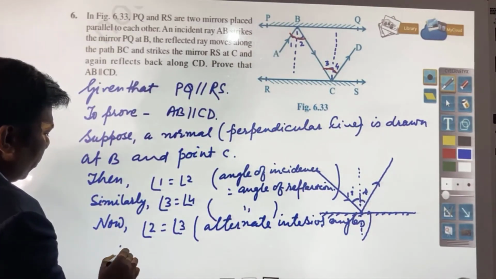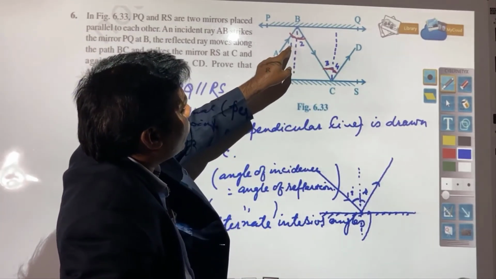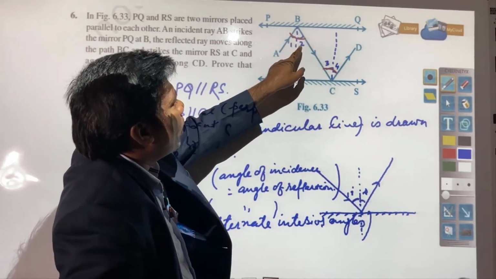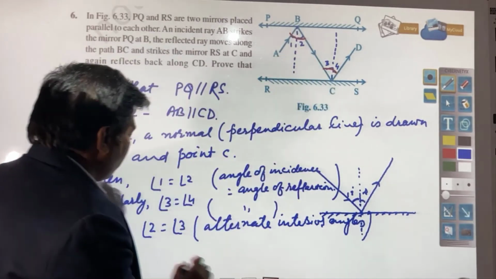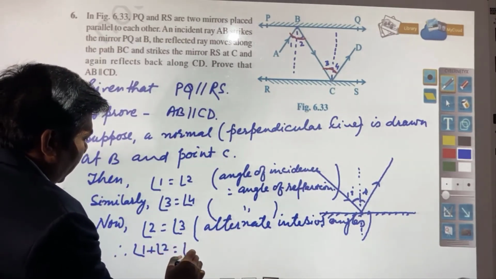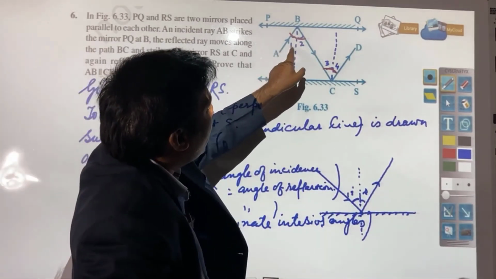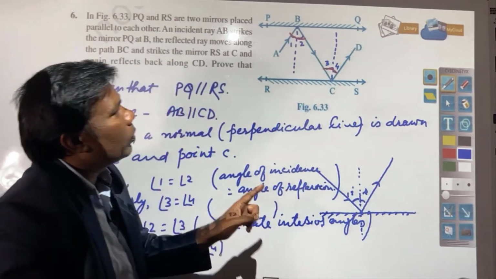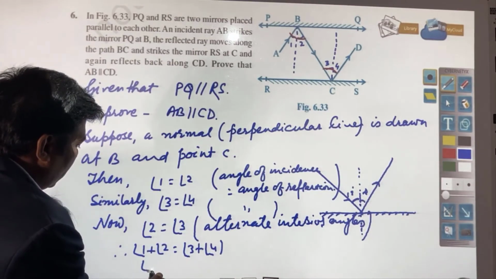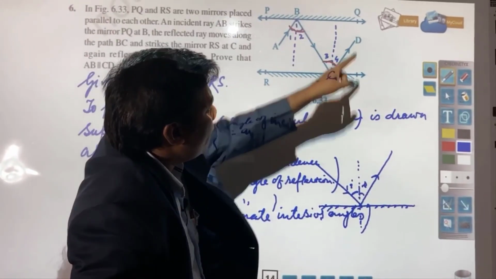Therefore, since 2 is equal to 3 and 1 is equal to 2, it means 1, 2, 3, 4 are all equal angles, or we can say 1 plus 2 will be equal to 3 plus 4. But 1 plus 2 and 3 plus 4 means angle ABC is equal to angle BCD.